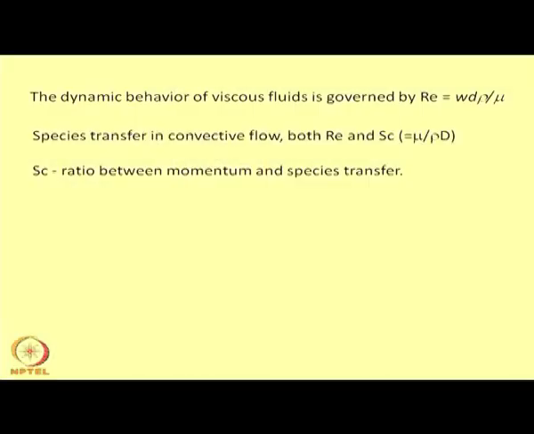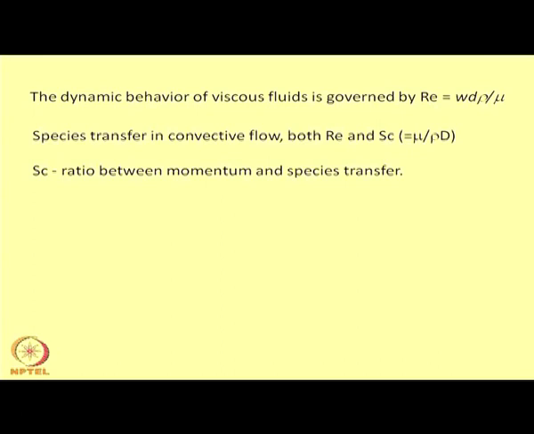Similar to Reynolds number in fluid mechanics, we have for convective flow, for example, the Schmidt number in mass transfer, denoted by Sc here, which is defined as mu by rho D, mu being the viscosity and D being the diffusion coefficient.